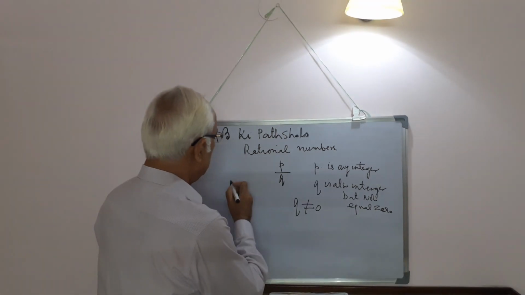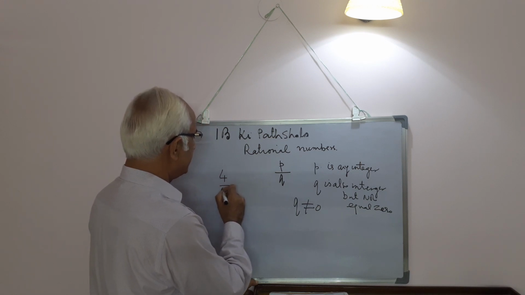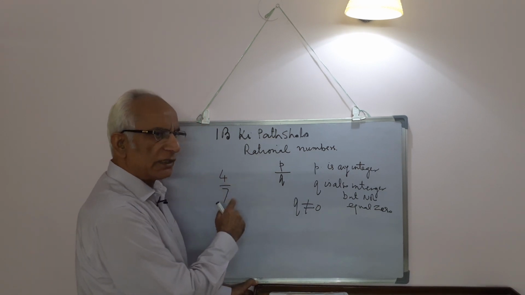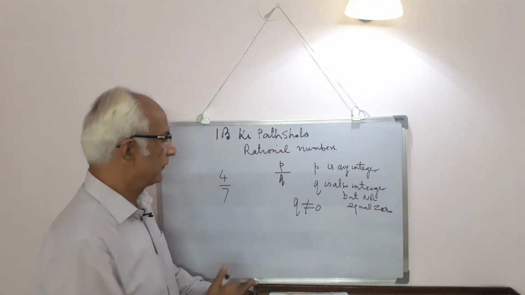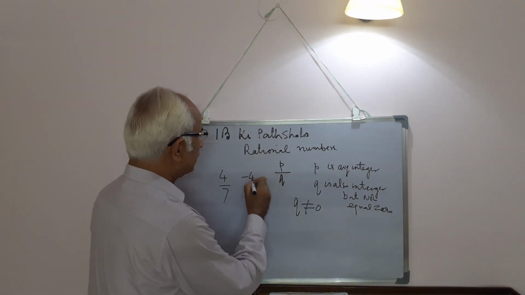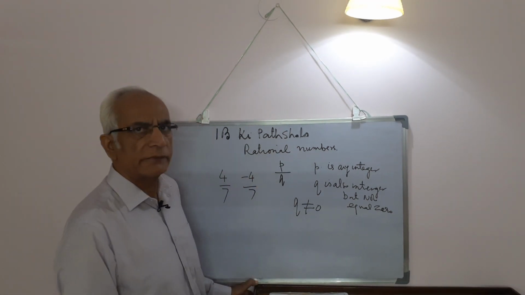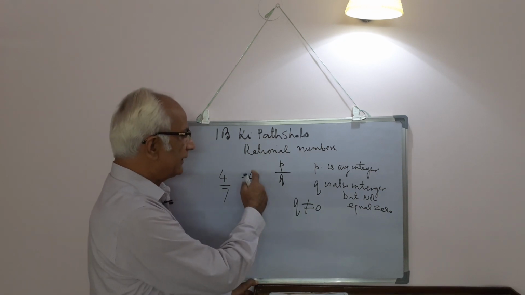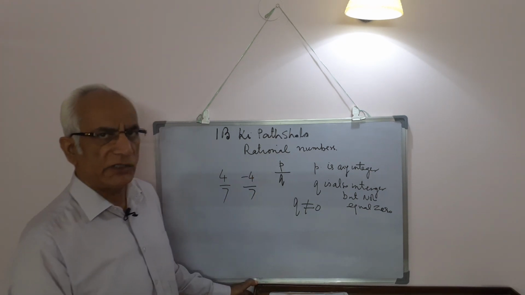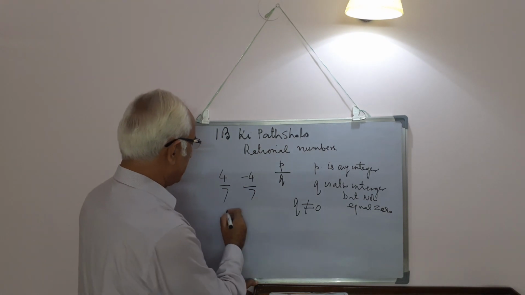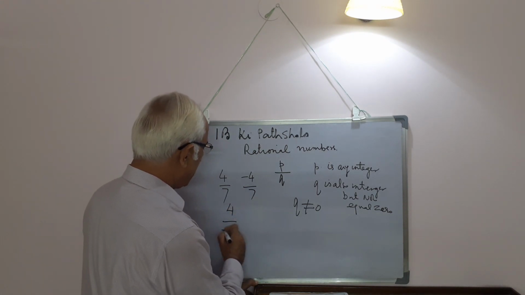For example, we might say 4 upon 7. 4 is an integer, 7 is an integer. Or we might say minus 4 upon 7. Minus 4 is an integer and 7 is an integer. Both are rational numbers. Or we might say 4 upon minus 7.